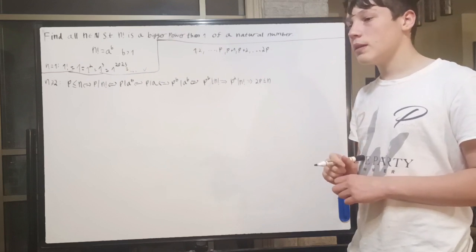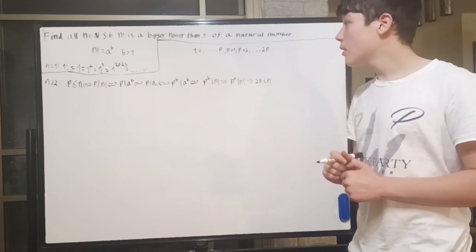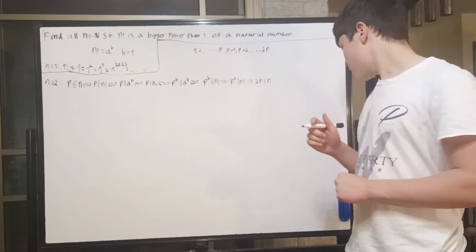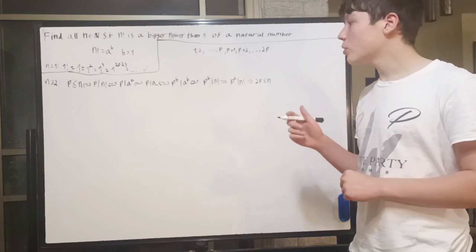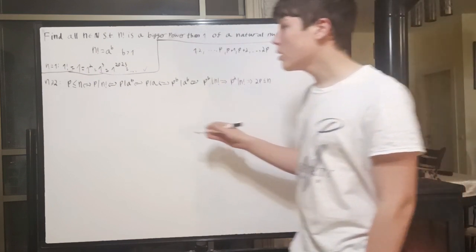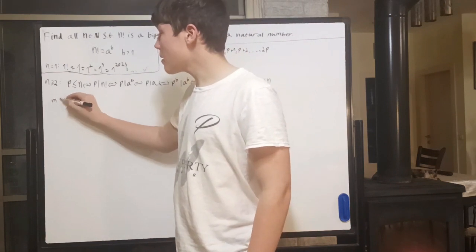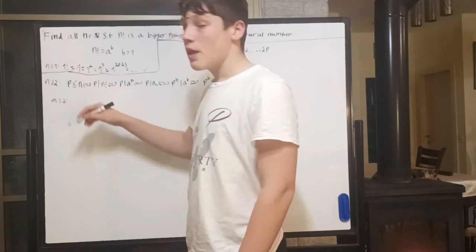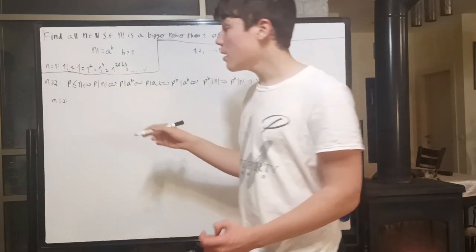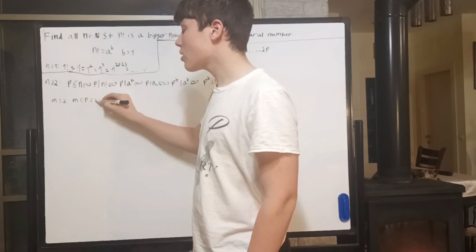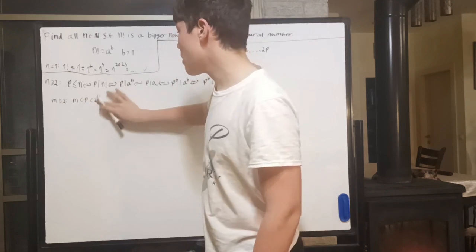But now let's notice something. There is this cool fact that if a number m is bigger than or equal to 2, then there is some prime number p strictly between m and 2m.